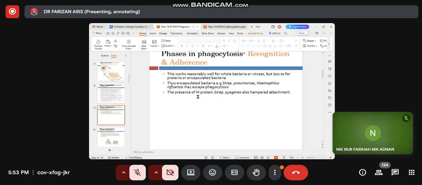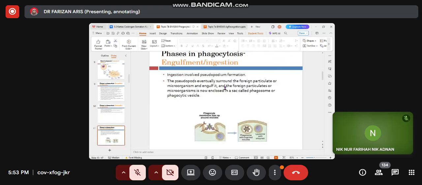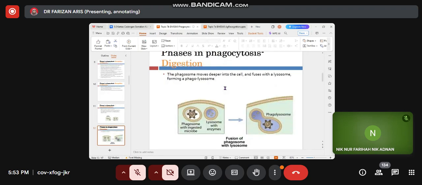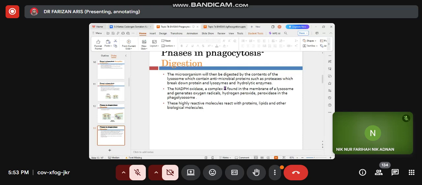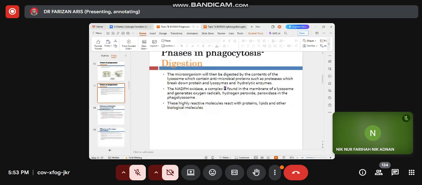For example, the presence of a specific protein on the surface, M protein, will prevent the attachment of the phagocytes. The capsule layer of S. pneumoniae and H. influenzae may also cause the bacteria to escape phagocytosis. So these are the details on the formation before the digestion occurs.